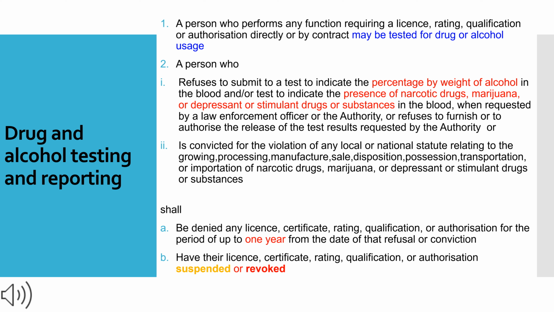A person who refuses to submit to a test to indicate the percentage by weight of alcohol in the blood and/or a test to indicate the presence of narcotic drugs, marijuana, or depressant or stimulant drugs or substances in the blood when requested by a law enforcement officer or the authority, or refuses to furnish or to authorize the release of the test results requested by the authority, or that person is convicted for the violation of any local or national statute relating to the growing, processing, manufacture, sale, disposition, possessing, transportation, or importation of narcotic drugs, marijuana, or depressant or stimulant drugs or substances, shall be denied any license, certificate, rating, qualification, or authorization for a period of up to 1 year from the date of that refusal or conviction.